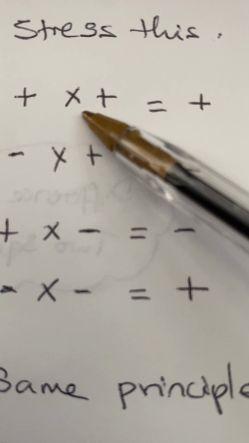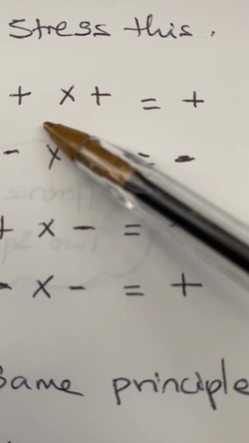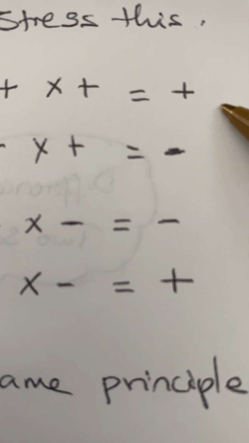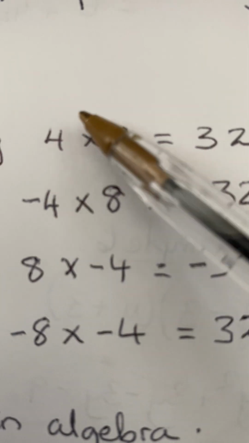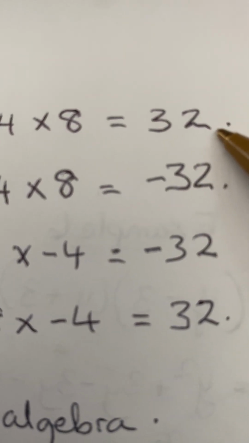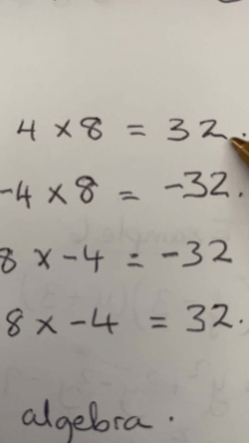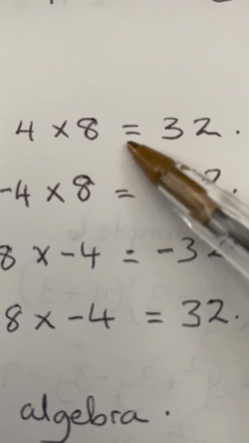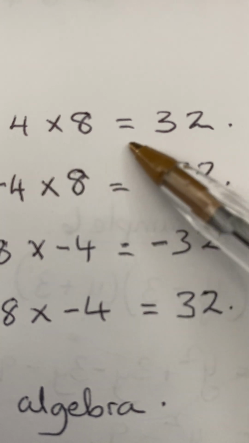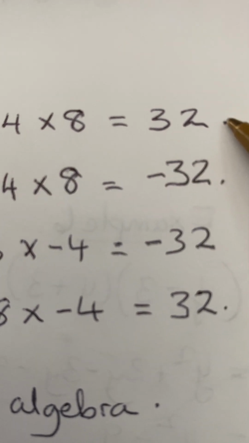When you are multiplying two positive numbers, your answer is positive. So for instance, 4 times 8 is 32. As in the times table, 2 times 3 is 6. So two positive numbers will give you a positive number.